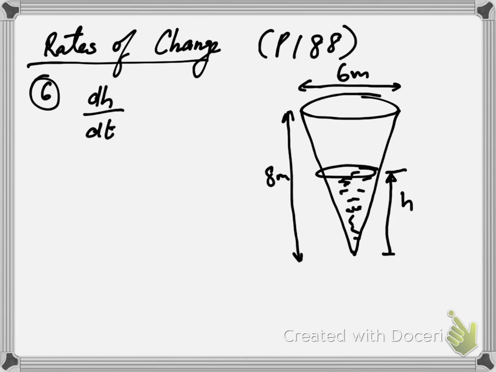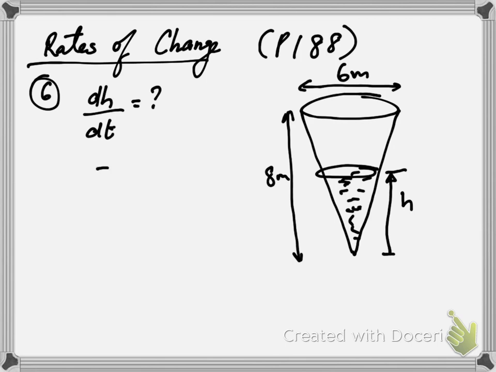So rate of change question usually is a chain rule question, so you have to see what you have and what you need. So we need dh over dt as our question. What do we have? In the question it says you have the water filling in at a flow of 6 cubic meters per minute. So the units usually are a good indication of what the rate is.